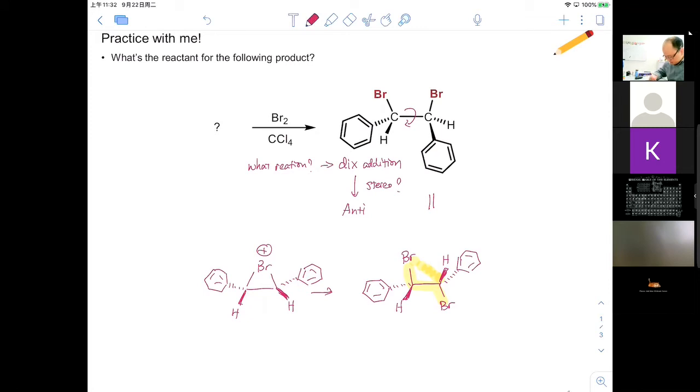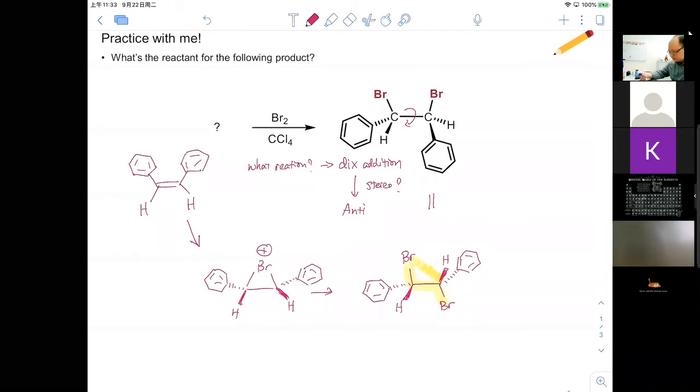So the starting material is very easy to draw now: the two phenyls on the same side, two hydrogens on the same side. That's the correct answer for this problem.